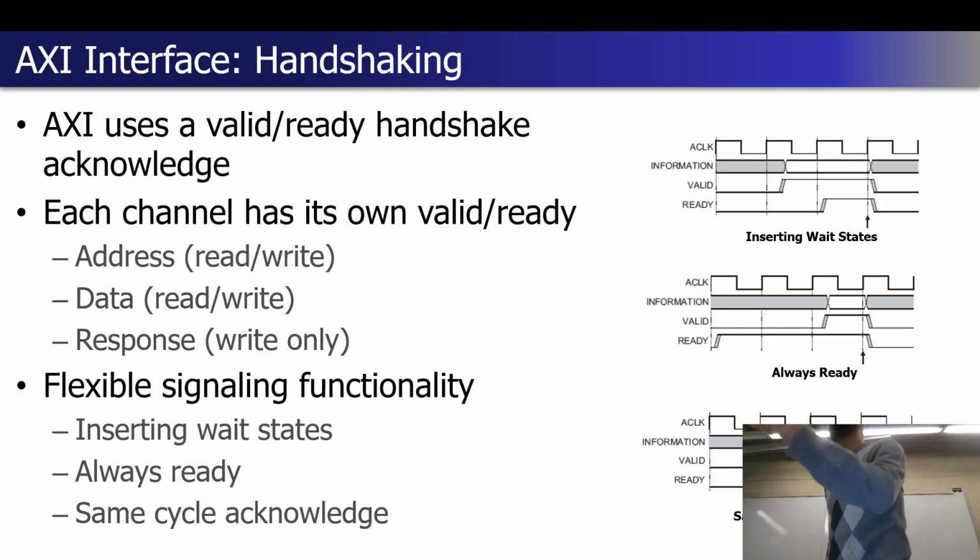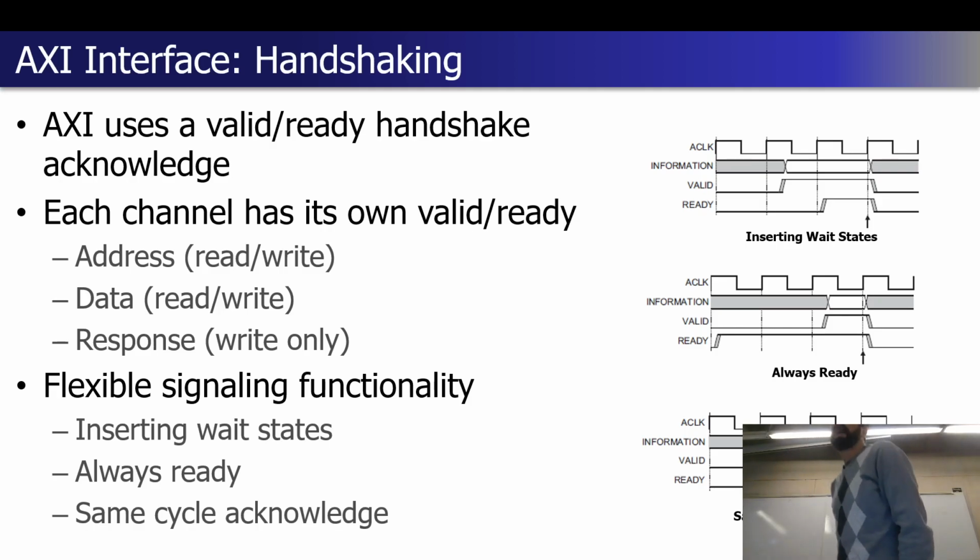But you can also have other devices that are always ready, which is to say, they can always receive data, and you can check that signal and it's always going to be high here. And then finally, there are some receiver side modules that will have the so-called same cycle acknowledge: it's monitoring the valid signal and sends its own ready signal high as soon as it sees that the valid signal has gone high.